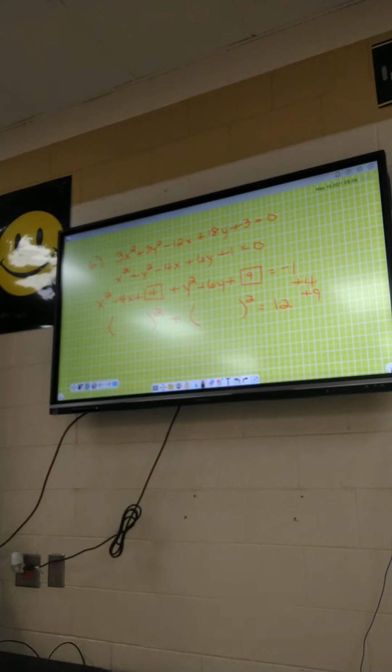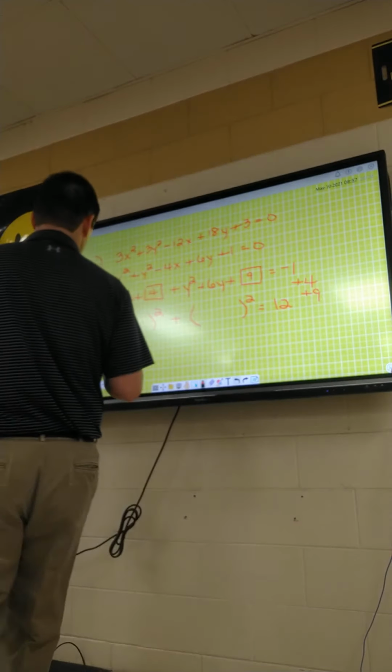All right, let y'all finish that one up. All right, so what goes in the first parenthesis? Check here. Good. Second parenthesis. I'm going to let y'all do 7 by yourself. I don't think y'all need my help on that.